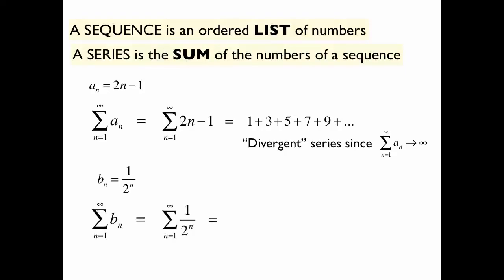So hopefully that's the easy part. We're going to sum up 1 over 2 to the n as n starts at 1 and just marches up. We're going to talk about that.